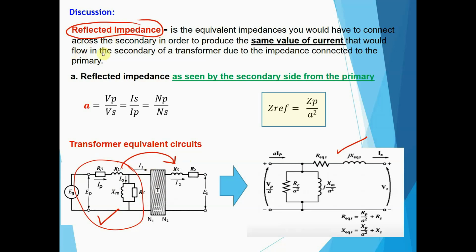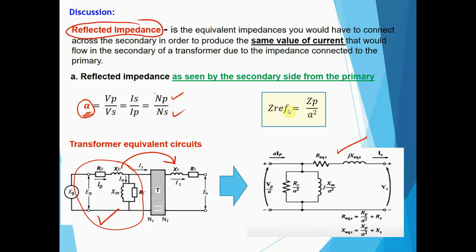So what are we going to do? In the transformer, we have what you call the voltage ratio or the current ratio, which we call A: VP over VS is also equal to IS over IP, or NP, the number of turns in the primary, over NS, the number of turns in the secondary. These are all equal to A. What is the importance of A here?